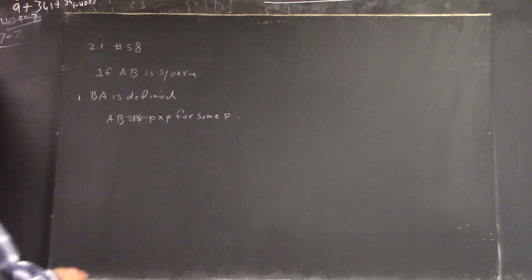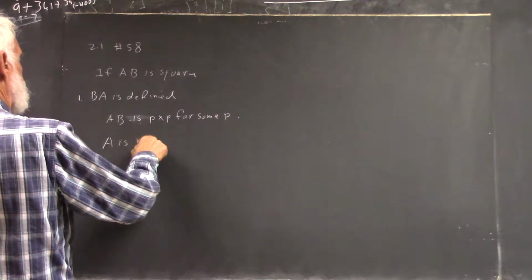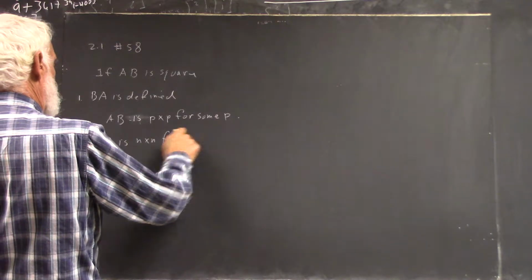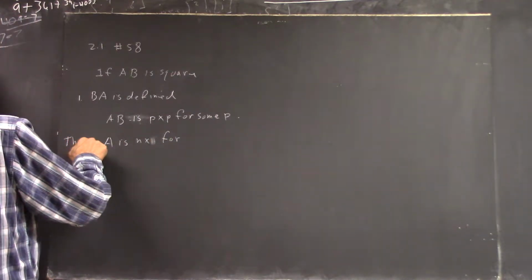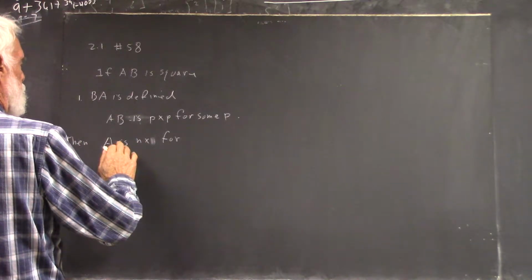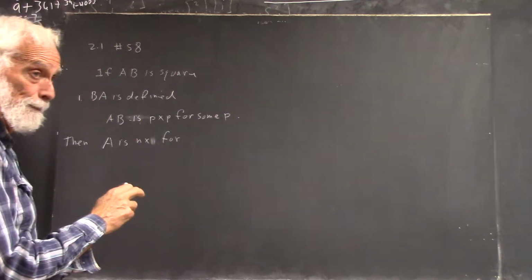Now, then A is what? Well, AB has P rows and P columns, right?